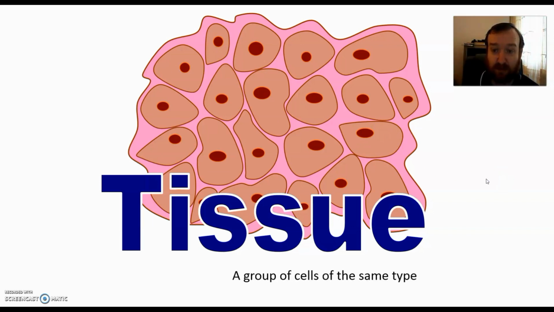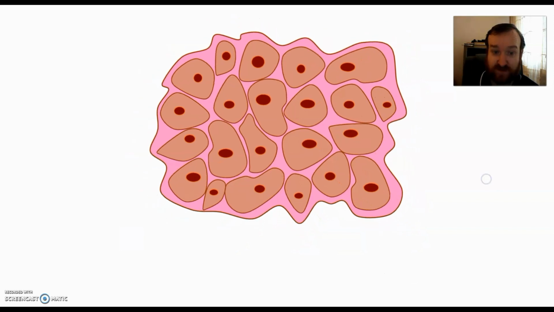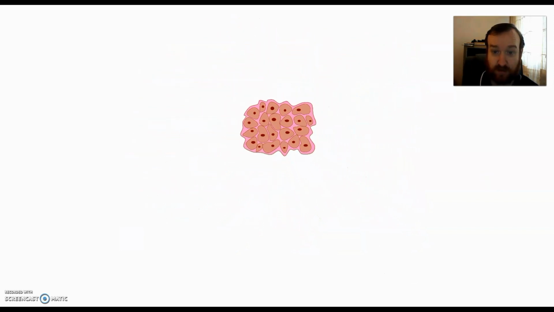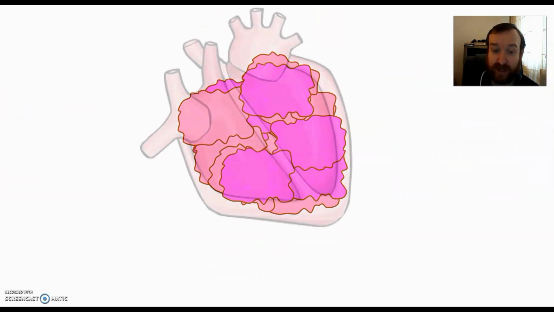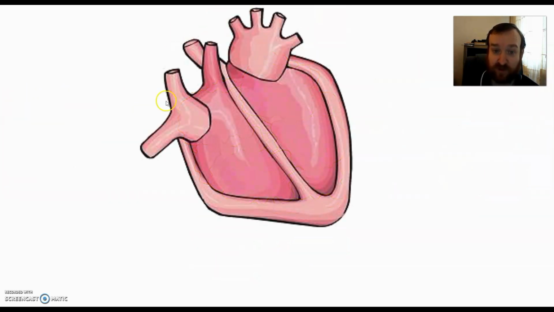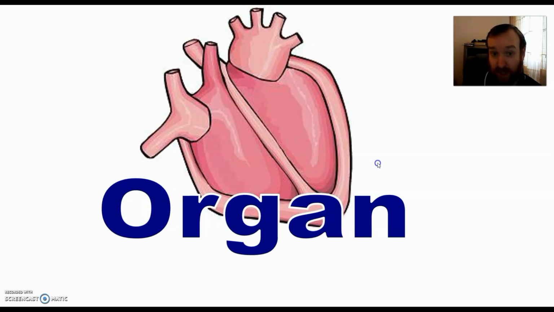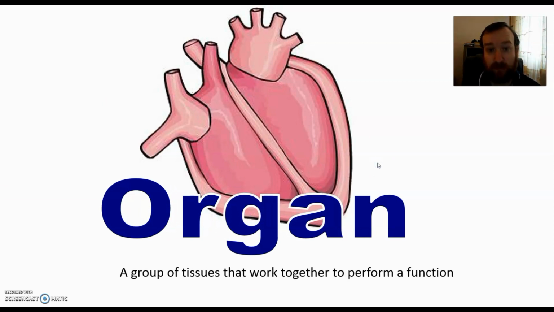If we've got groups of tissues, we call that an organ. So this would be an example of the heart. All of those tissues were muscle tissues, and they're added together in different ways, and we can generate an organ.